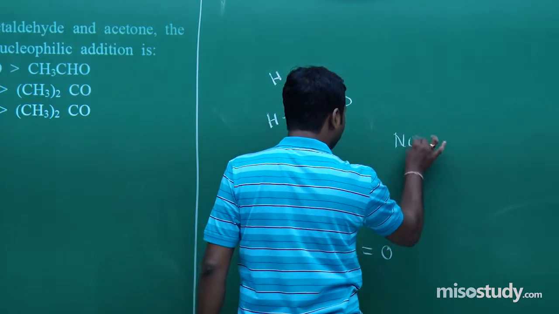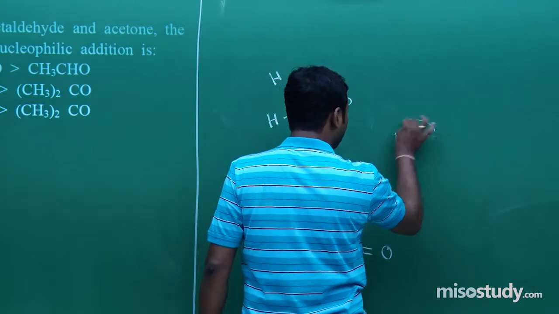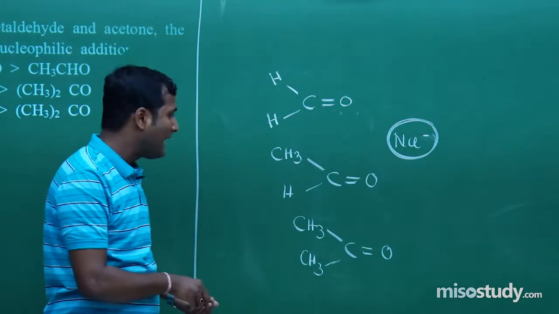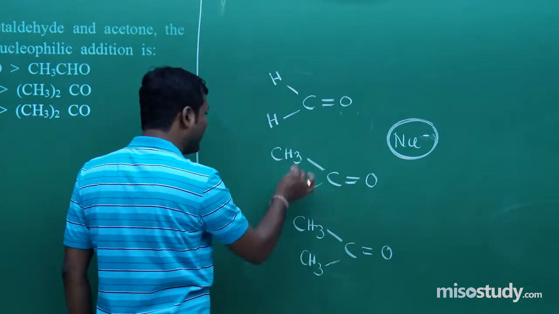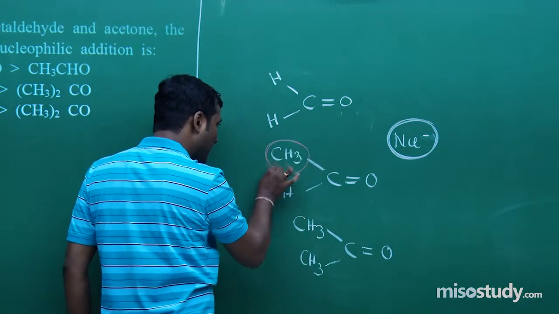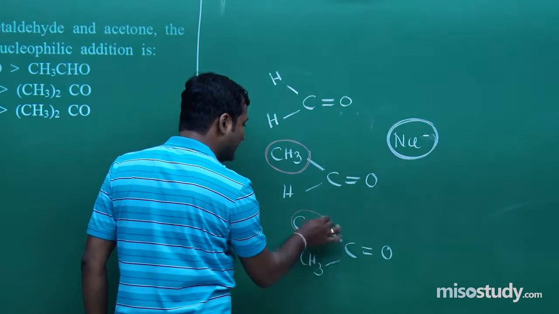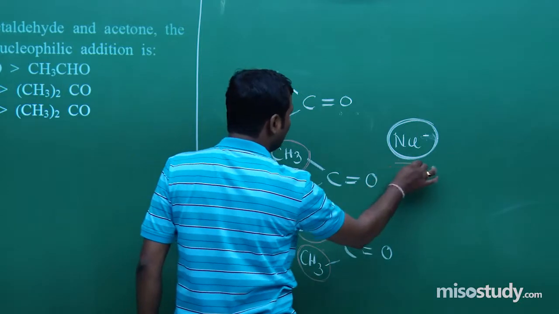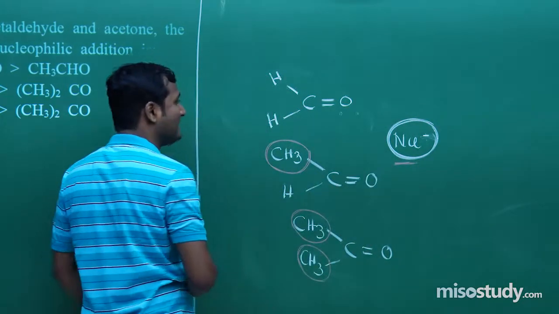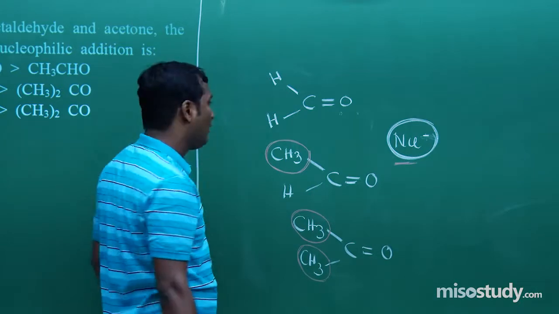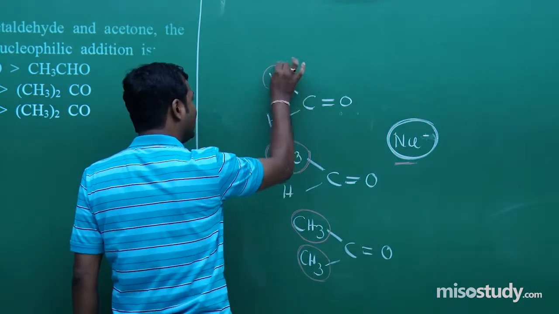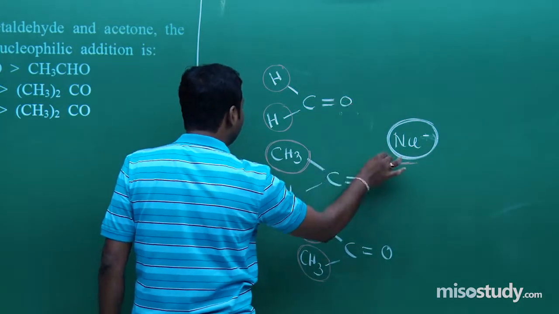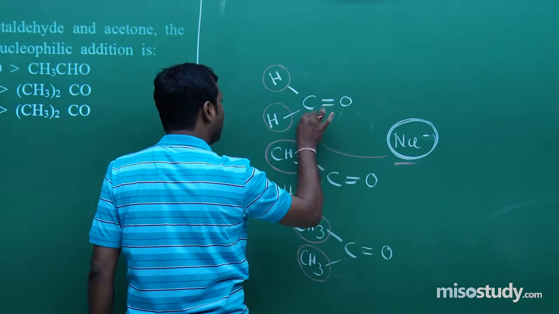Now what will happen? Addition of nucleophile takes place, so there is a breaking of the bond. As I told you during my lecture, if the number of alkyl groups increases, it restricts the addition of the nucleophile. This is known as the steric effect. In formaldehyde there is no alkyl group, so the nucleophile can easily attack the carbonyl carbon.